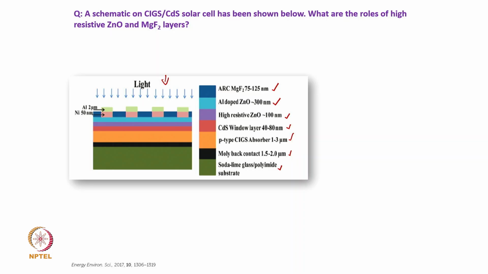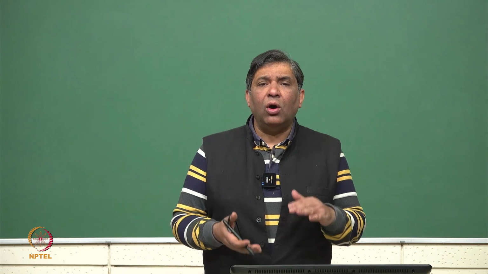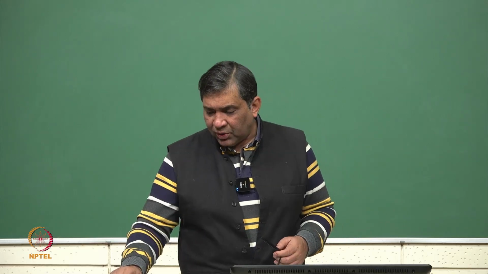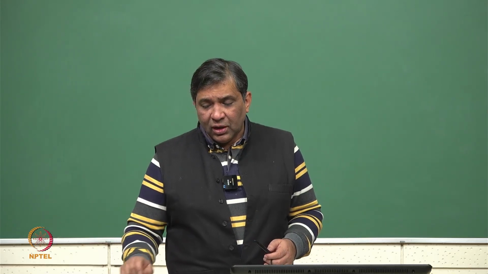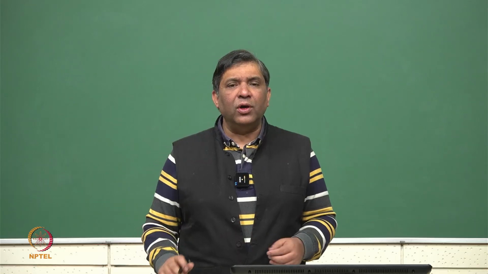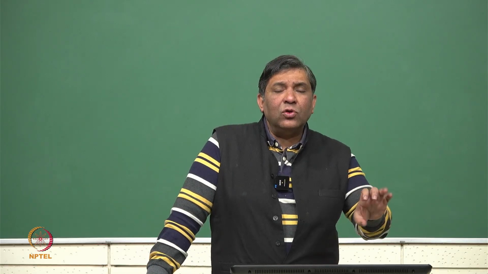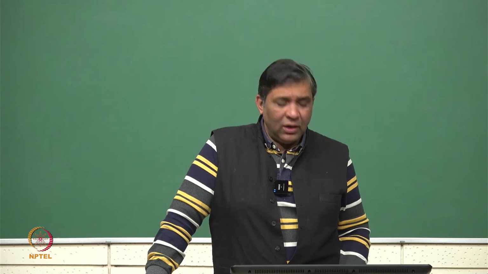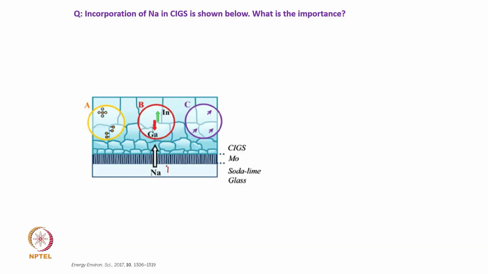So, that is the total configuration of a typical CIGS/CdS solar cell which people have demonstrated. Now, again I come back to this point that it is grown on a soda lime substrate, and if you look at this, the sodium goes from here and goes inside the network of CIGS.